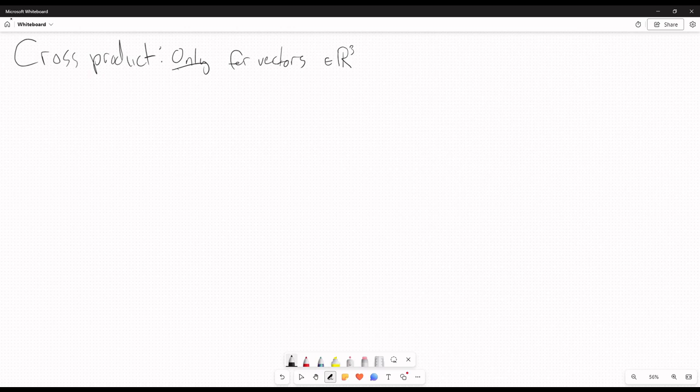So let's say we have two vectors, A, B, C, cross a vector D, E, F. And one thing is we're actually really going to want to use that standard basis notation here.